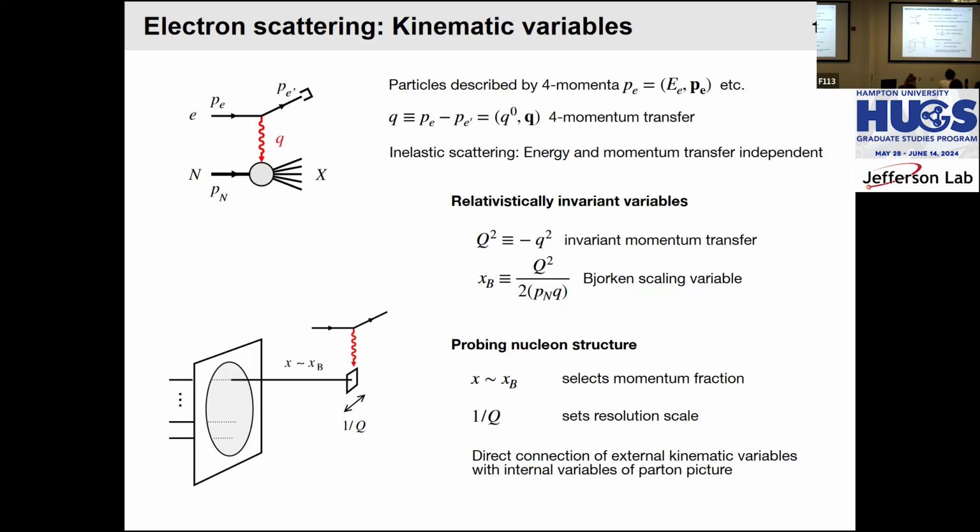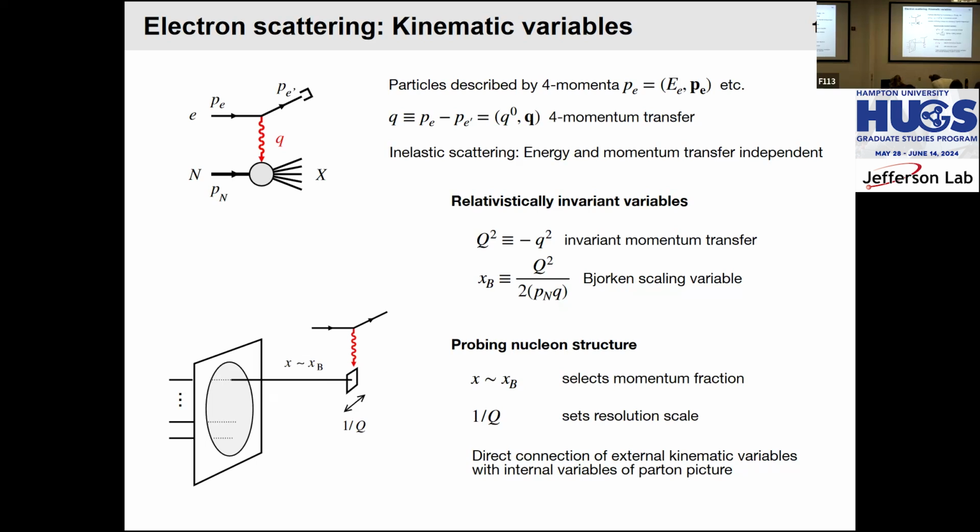The Bjorken scaling variable essentially selects the momentum fraction x of the parton we are probing in the system. This is a very basic fact. It just follows from energy-momentum conservation.